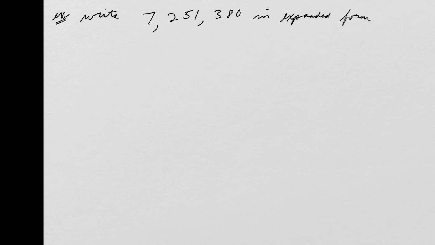Okay, so I start with the 7. That's millions, right? So 7 millions plus, what is the digit 2? Well, that position is hundred thousands, so plus 200,000s. Plus 5 10,000s.